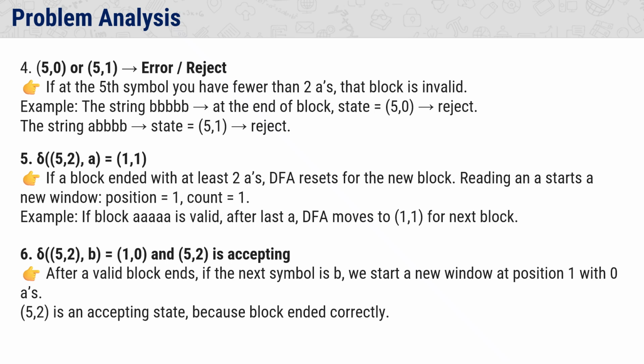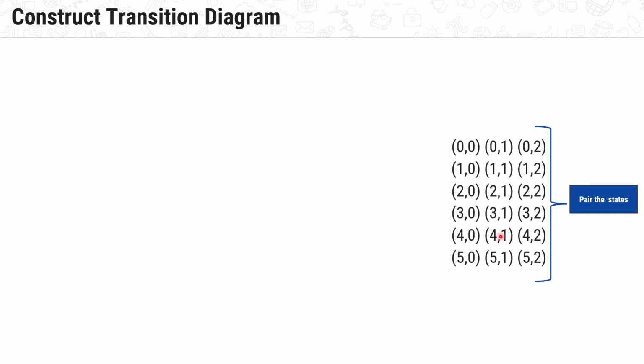So with this explanation, just jump into the transition diagram. How to construct a transition diagram? Before constructing it, let us look at the pairs of states. As you were told, 1 to 5 is the position, and 0, 1 and 2 indicate the number of A's in the block.